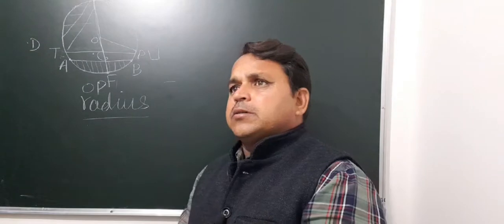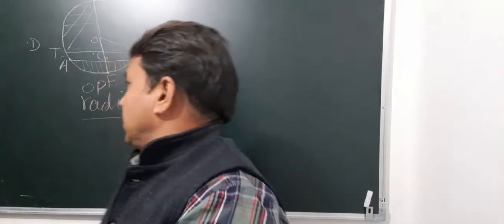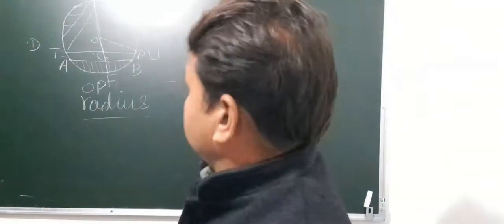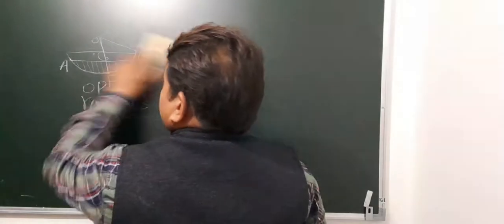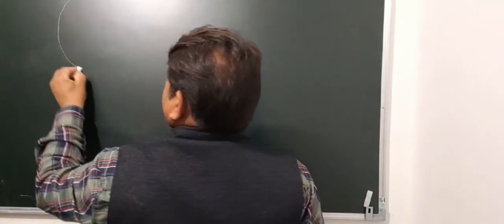Then there comes another concept about the circle, and that is related to a part of the circle. Let us see. Chord you have already known. Now we will know about the arc of a circle.